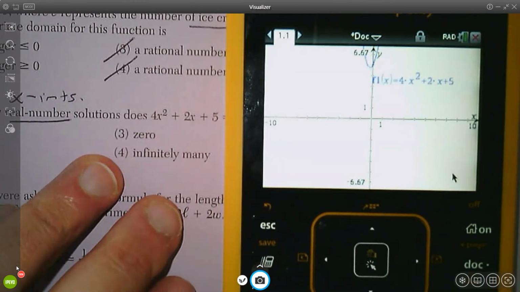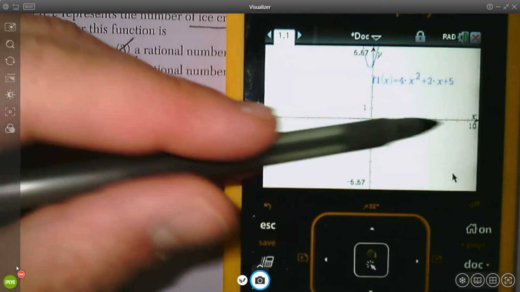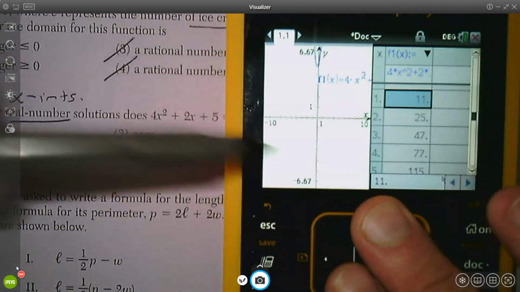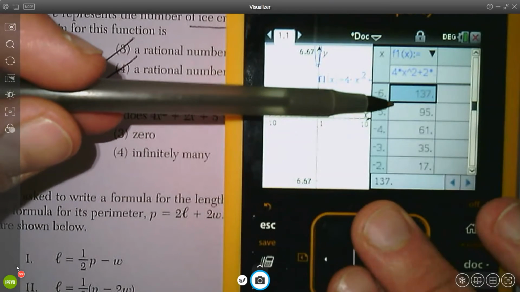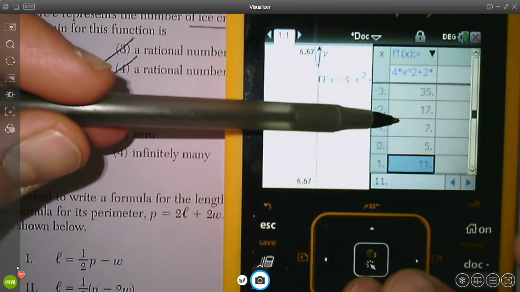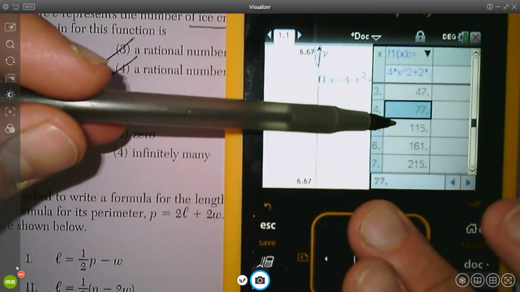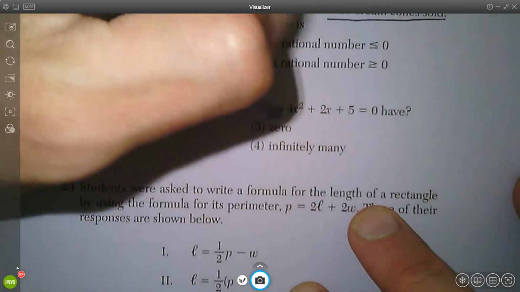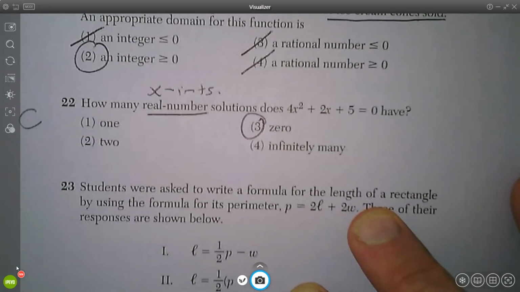Plugging that in. You'll notice this does not cross the x-axis. If I go to the table, it's positive. This is never, ever negative. These y values are always positive. It gets down to 5, but that's the lowest it goes. So this has 0 solutions.